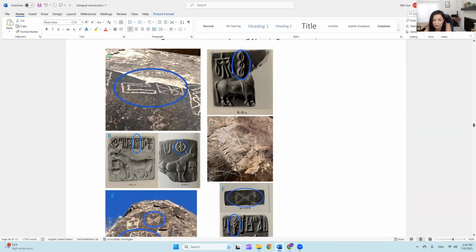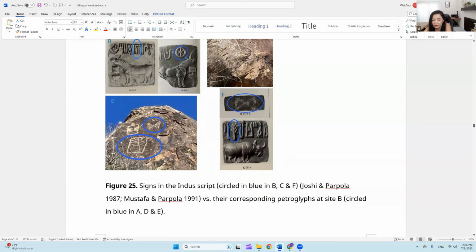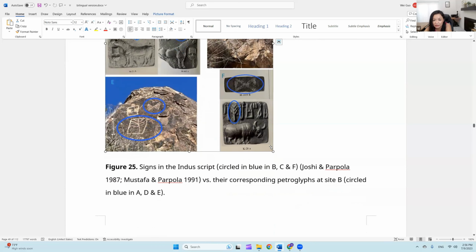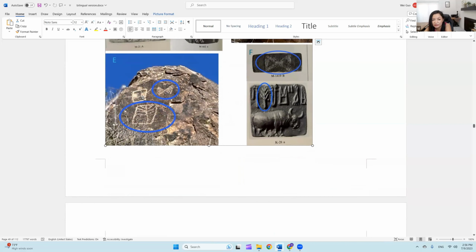Then this sign is like 3 circles with a vertical line going through, same as this one. Then this one is very interesting because you have a Shang Dynasty's title Ren here with a crown on top.